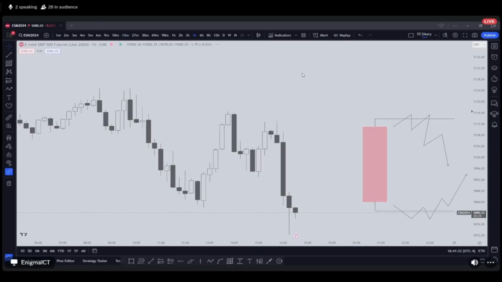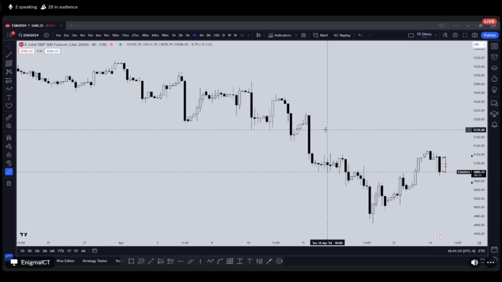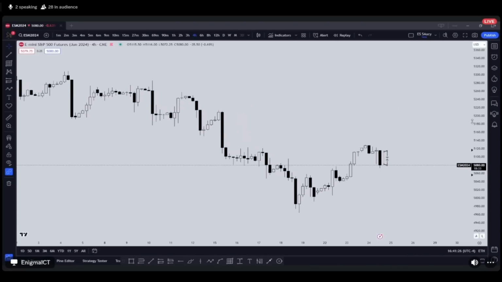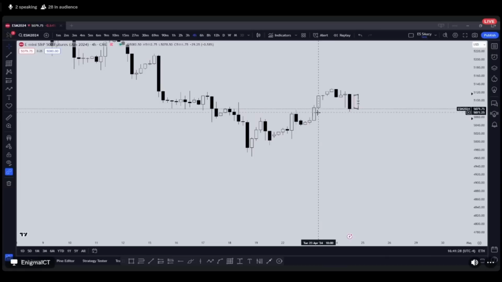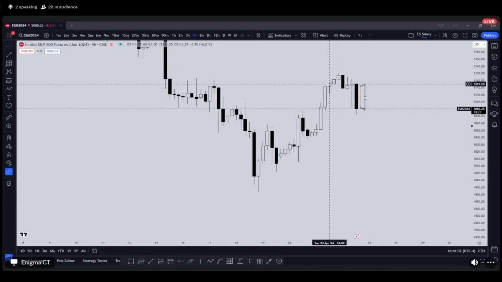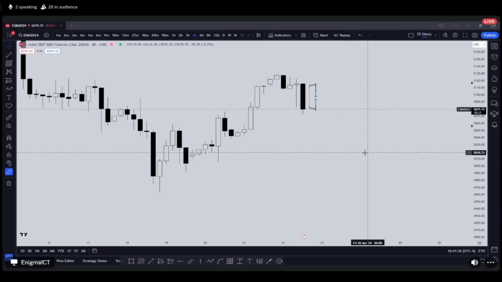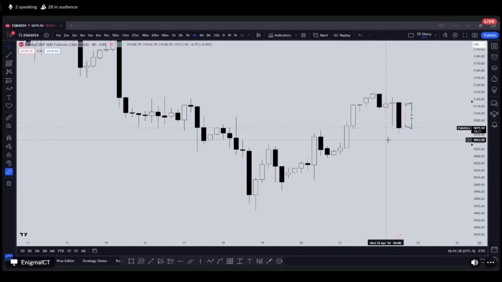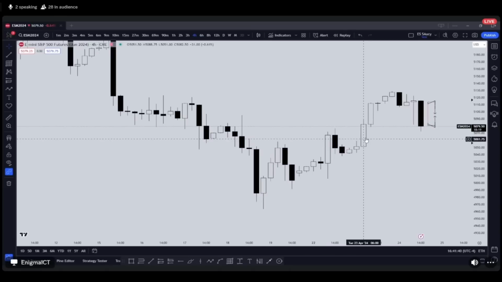Let's go to the 4 hour. These big body candles are most of the time the ranges, and inside the range another range could be created on a lower time frame. So let's just say this is our range that we are playing in right now.